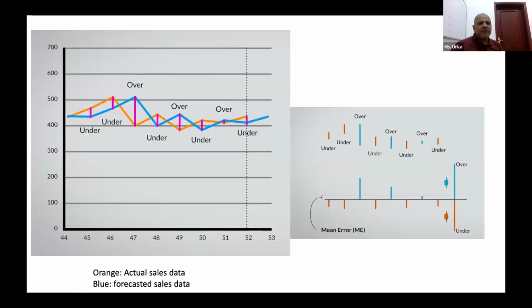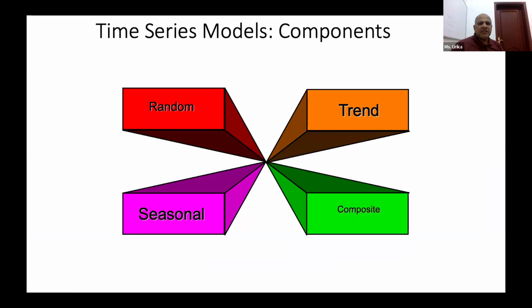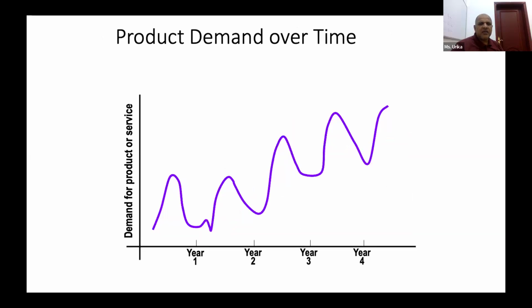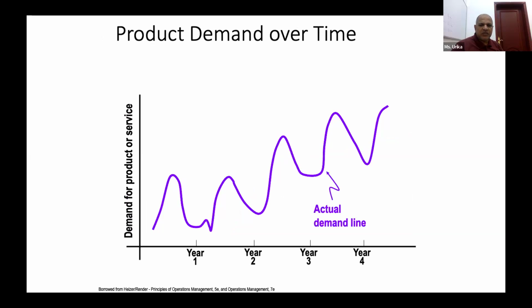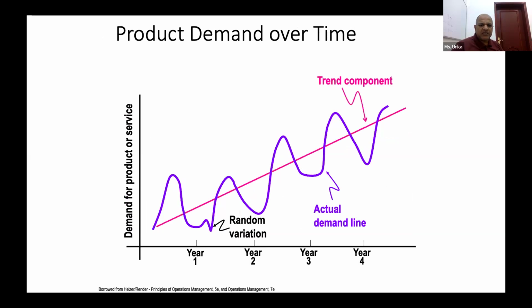Now, from this, we are moving to another type: time series methods, trend. You have to look at the trend. You look at the random and seasonal components. This is the actual demand trend.